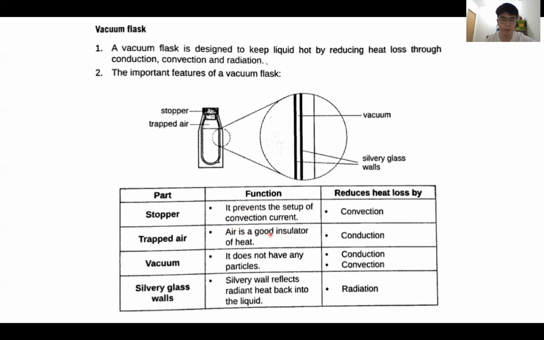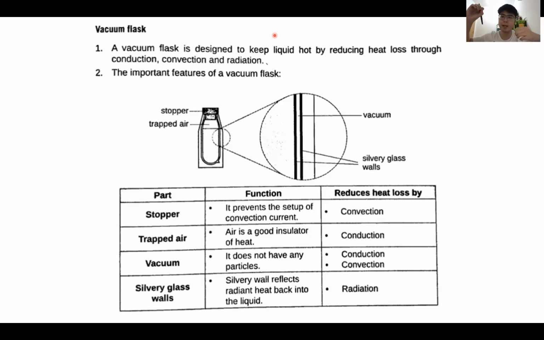Why is air a good insulator of heat? Generally, gases are good insulators because the particles are very far apart. If you think of a solid, the particles are very close. So when one particle vibrates, the next one vibrates as well, so this transfer happens efficiently. If you talk about gases, the particles are very far away.